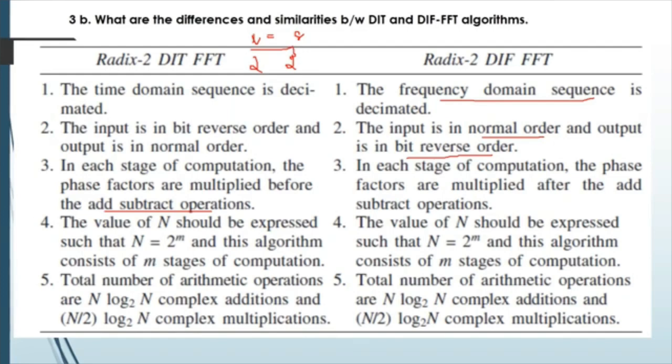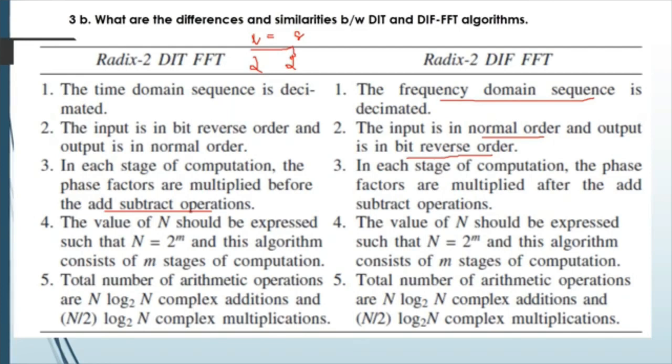It is reversed in DIF FFT algorithm: the input is in normal order, whereas the output is in bit reversal order. And similarly, at each stage of decimation in DIT, the phase factors are multiplied before the add and subtract operations, as we observed in the butterfly diagram. In DIF FFT, the multiplication is done after the addition and subtraction.